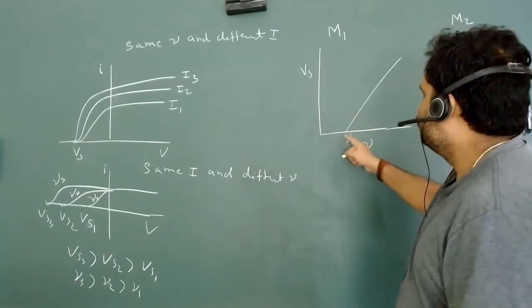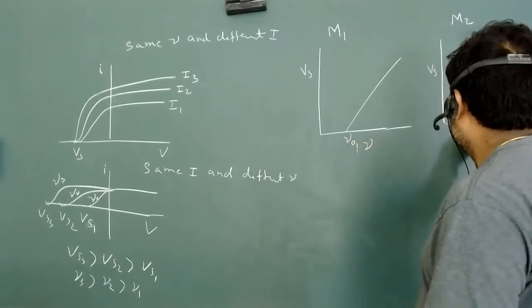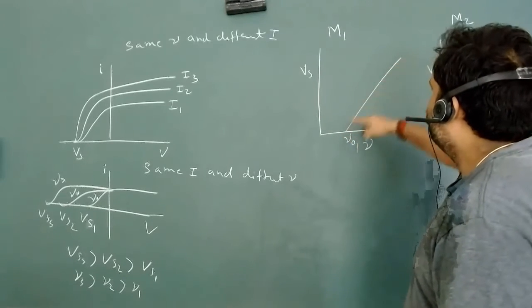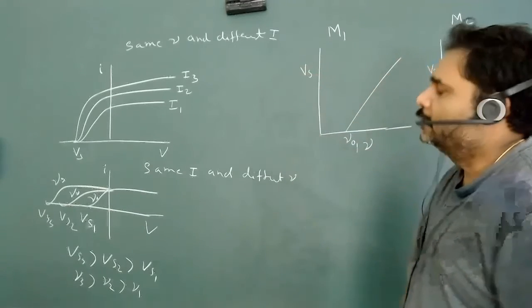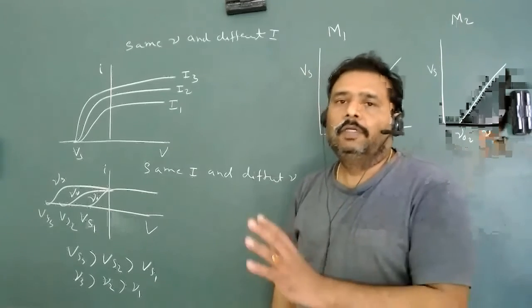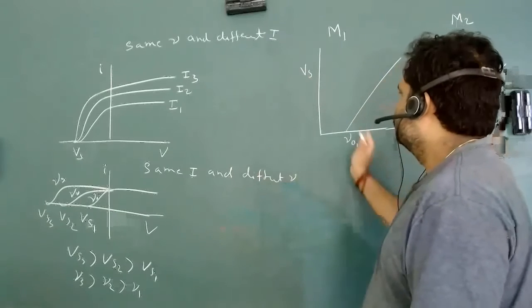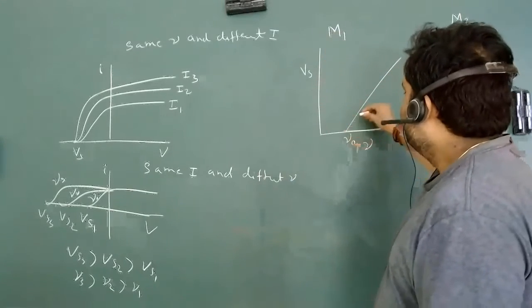This means for this metal, if the frequency is greater than nu naught 1, and let's say this is nu naught 2, if the frequency is greater than nu naught 1, then only current will appear, and then we can plot the Vs for that particular potential when the current is going to stop. So he plotted nu along the x-axis and Vs along the y-axis. And what did he find?